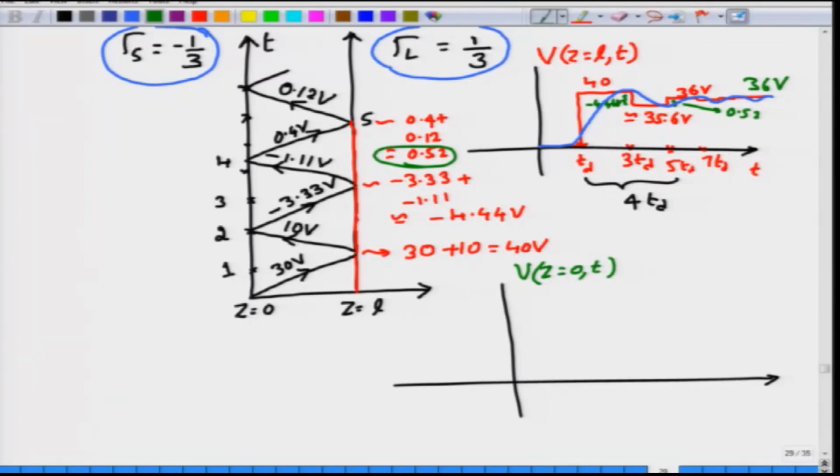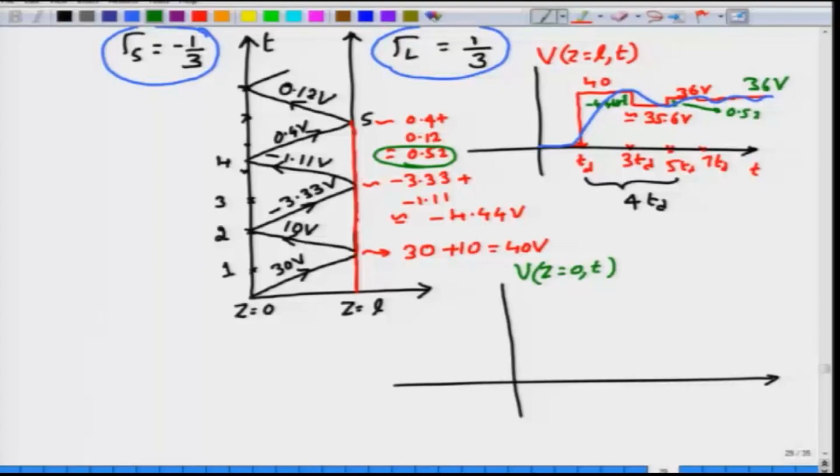This is because in many cases the load is not accessible to us. However, the source is accessible to us, or the interconnection that goes after the source is accessible, and we can put in our scope, which is called a TDR scope, right at the input terminals of the transmission line, and then monitor the voltage that you would measure.